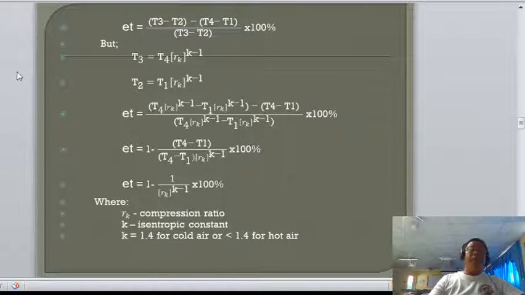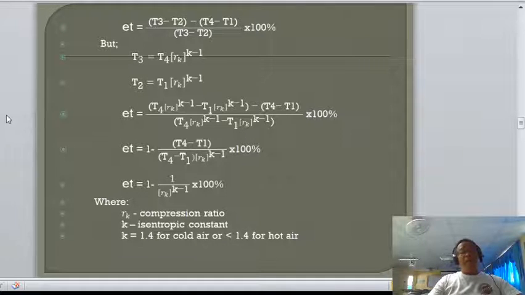And then substituting now T sub 3 and T sub 2, the equation will become thermal efficiency is equal to 1 minus (T sub 4 minus T sub 1) over (T sub 4 minus T sub 1) multiplied by Rk raised to k minus 1, and then eliminating again T sub 4 minus T sub 1 over T sub 4 minus T sub 1.